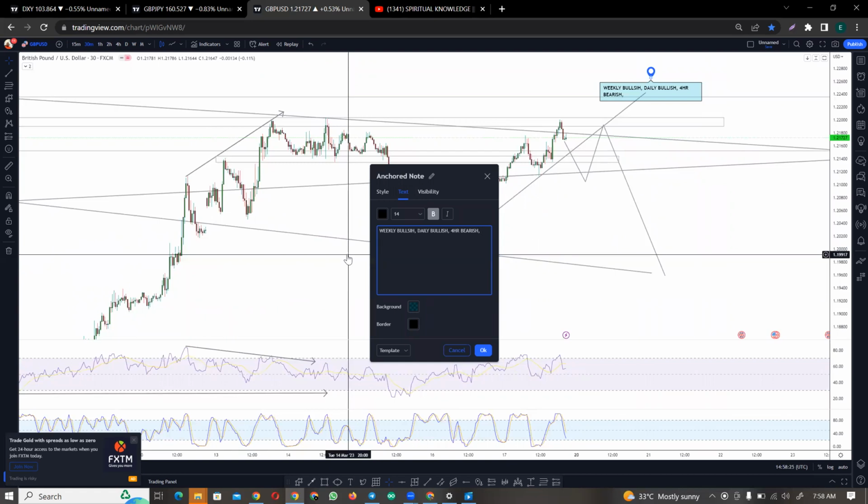Then on 30 minutes time frame, we are waiting for the market to either break the resistance up there or break trend line.